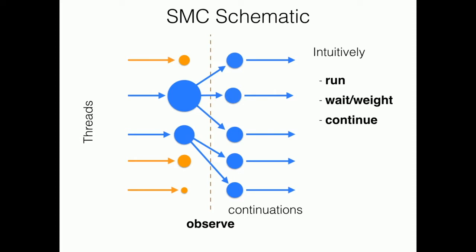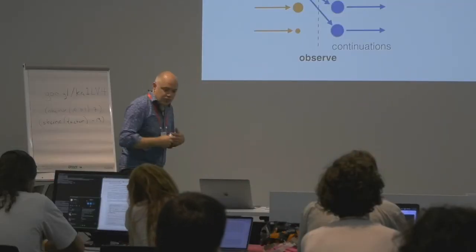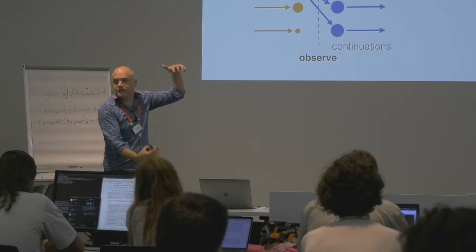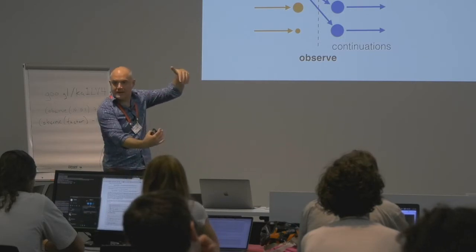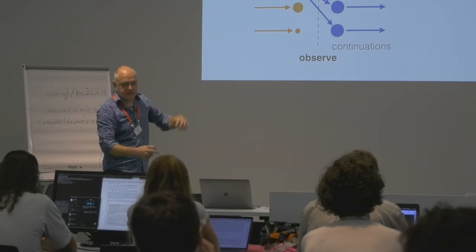So the programs are continued from every breakpoint multiple times according to their weight. So these ones in orange run forward and are stopped. Okay? There are always k executions running at any particular time, but you can think of this as kind of a filtration on executions. Okay? So intuitively what happens is you run, then you hit an observe, you wait there until all of the programs hit the exact same observe, you compute all the weights, and then you figure out which programs to continue.